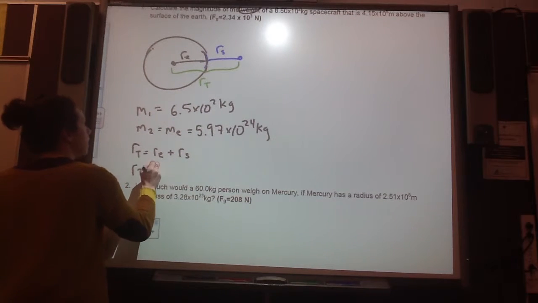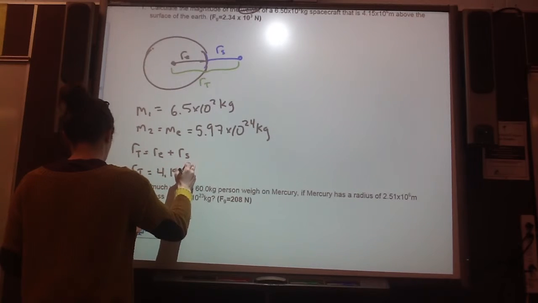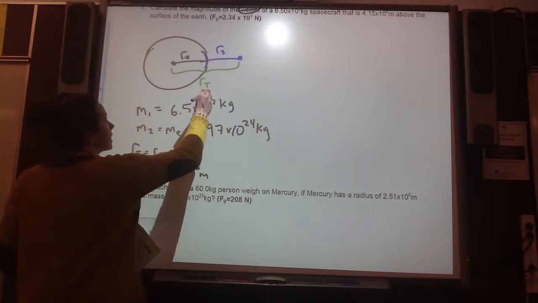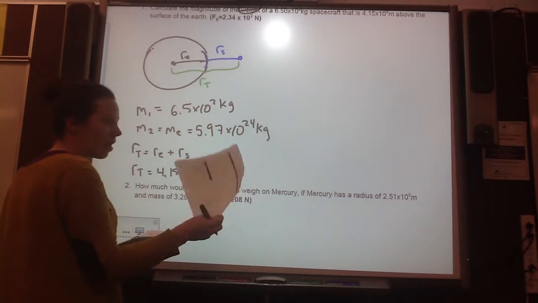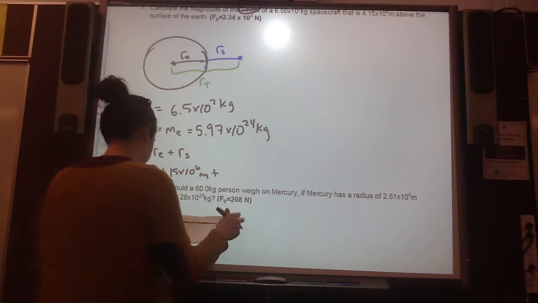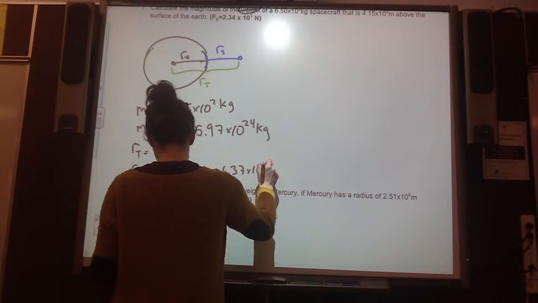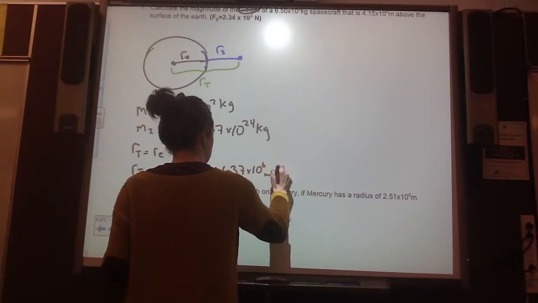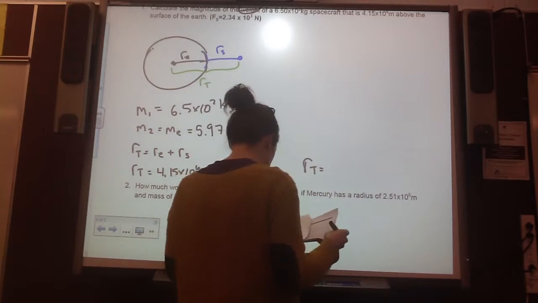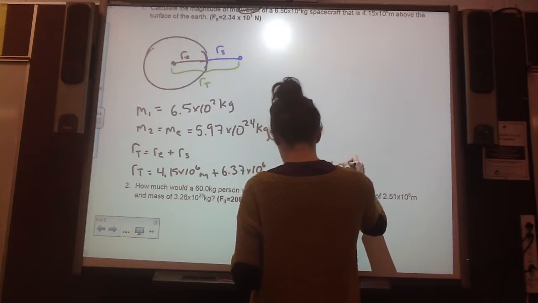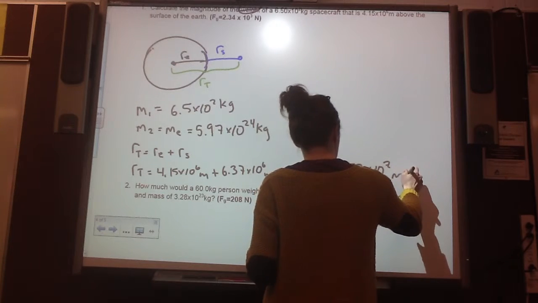So RT is equal to 4.15 times 10 to the 6 meters, because that's how far away the spaceship is, plus my RE, which I get off my data booklet, 6.37 times 10 to the power of 6 meters. When I add those two values, the RT I can actually use in my formula is 1.052 times 10 to the power of 7 meters.